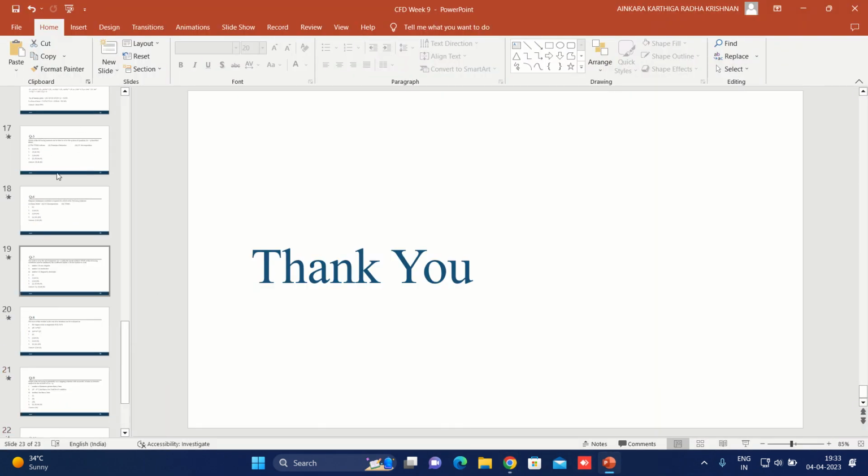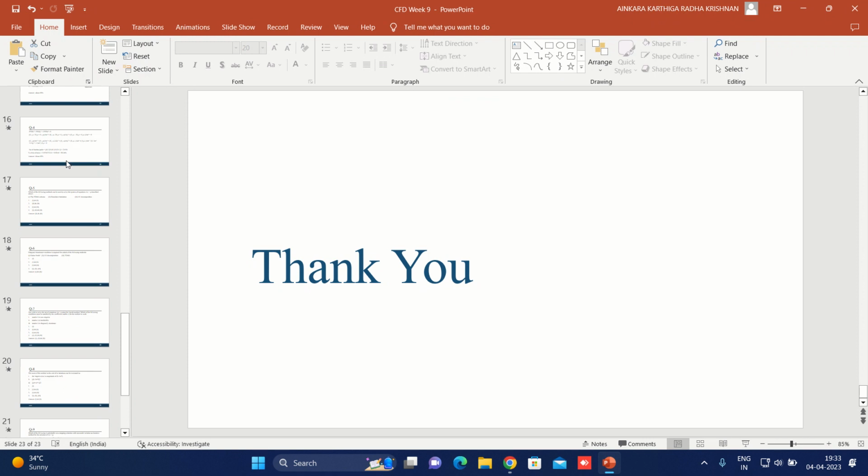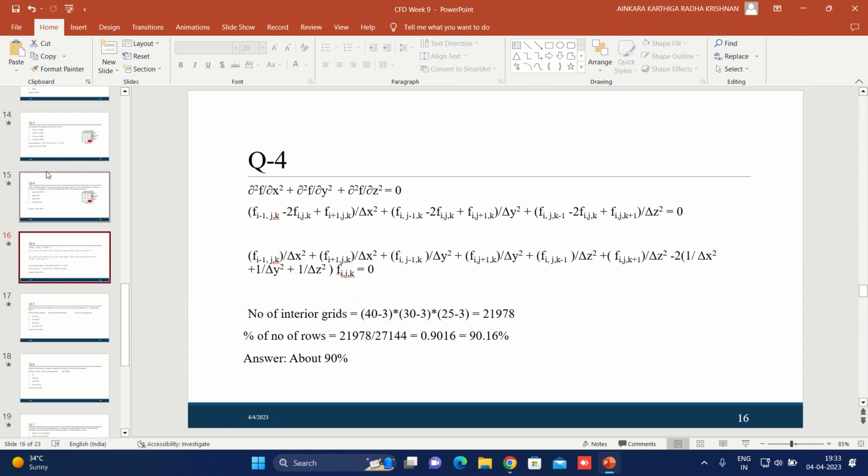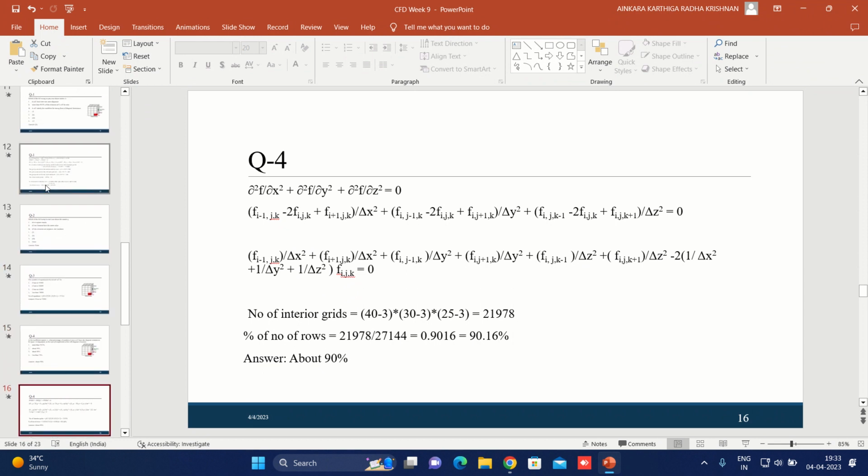Before closing the session, we'll just solve the criteria difficulty that arose when we were dealing with this problem. So basically it would be 40. What was the question?